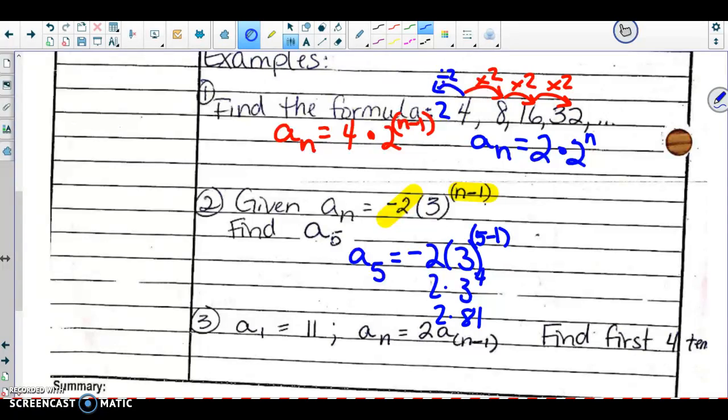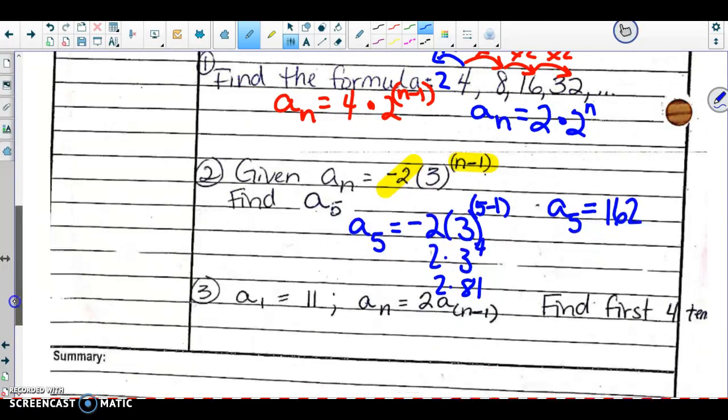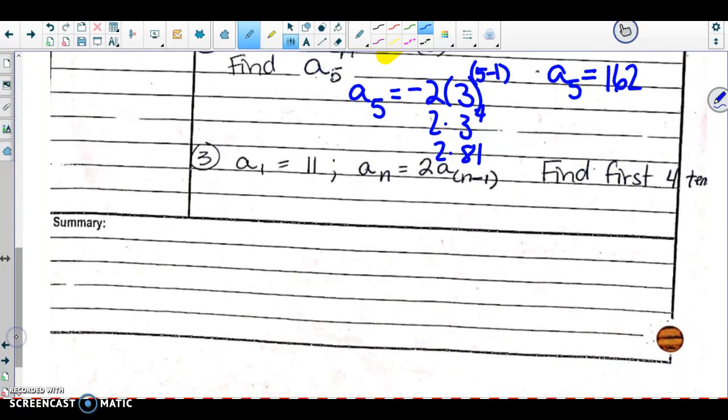So 2 times 81 ends up being 162. So a sub 5, sorry, the 5th term, is going to be 162.